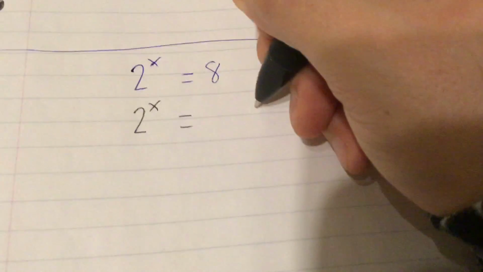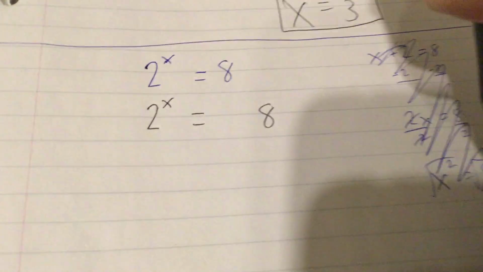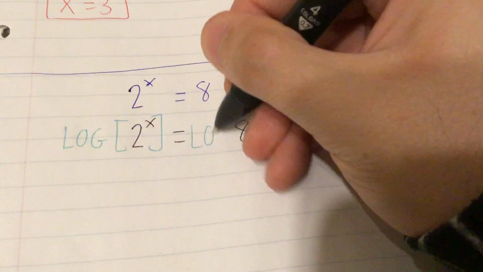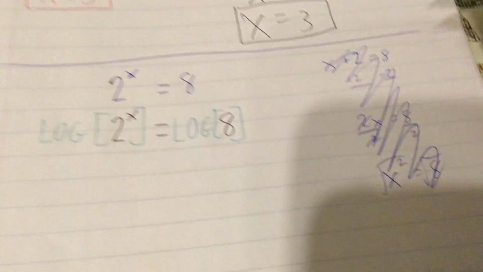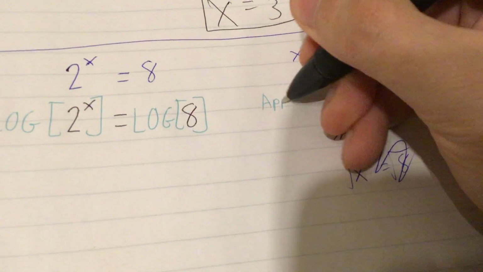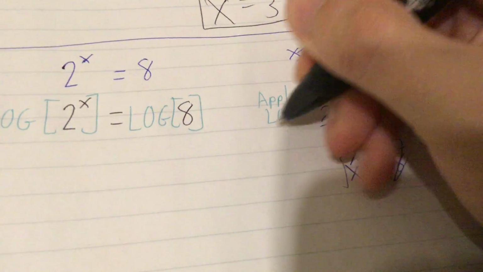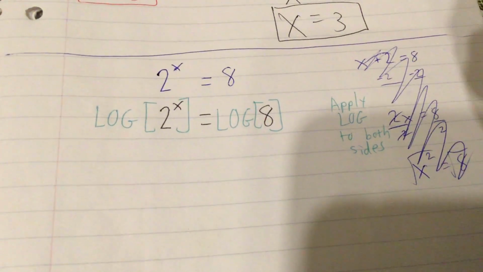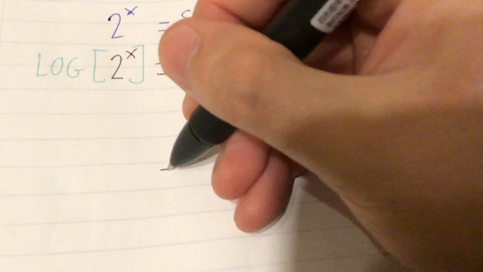Yeah. So in other words, I've got 2 to the x is equal to 8, right? What I'm technically doing is I'm applying log to both sides. Literally, I apply log to both sides. That is algebraically legal. So log of 8, I have no idea what log of 8 is.